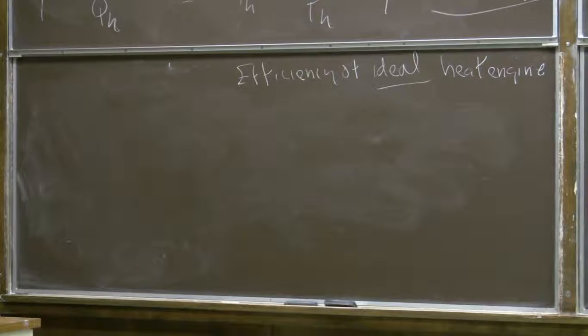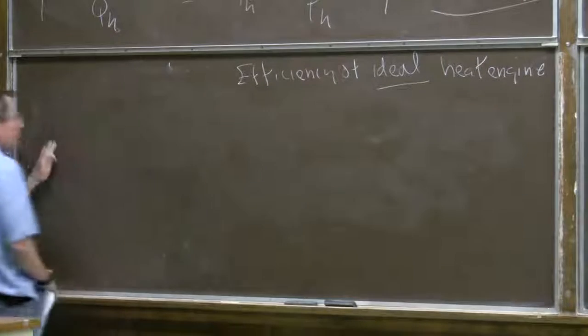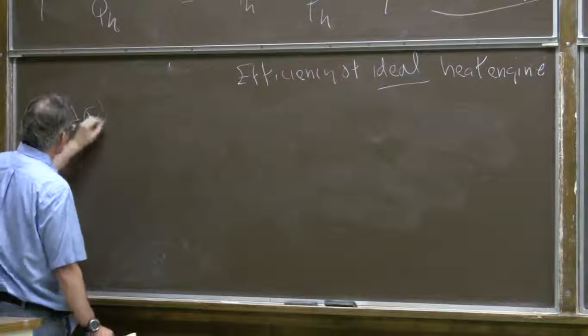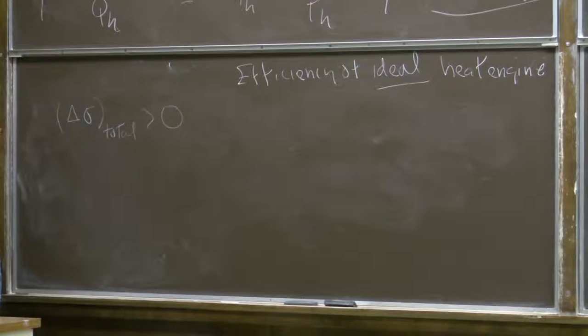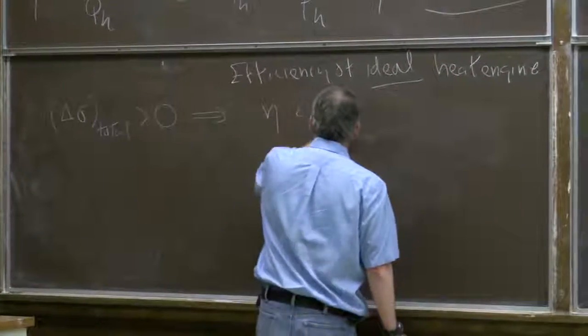But the efficiency of the ideal engine places a limit on the best efficiency possible. And in general, the process won't be perfectly reversible. We will have a net change in the entropy of the world, which is positive, and that will mean efficiency strictly less than Carnot efficiency.